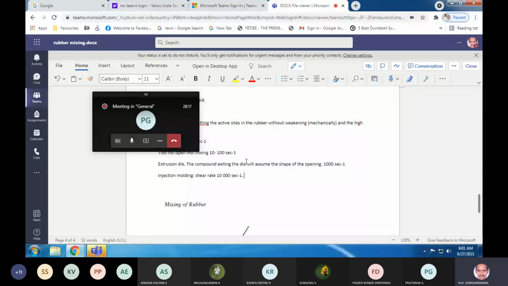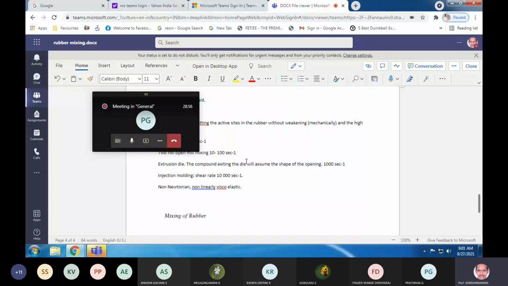And you must have studied or you will be studying that rubber compounds are largely non-Newtonian and non-linear viscoelastic. These are the key words. Just keep them at the back of your mind. You can explore further.